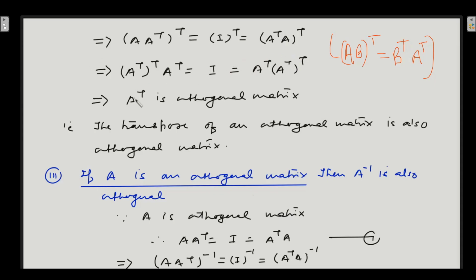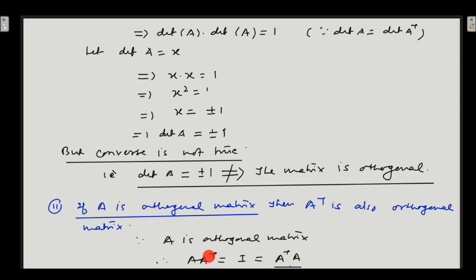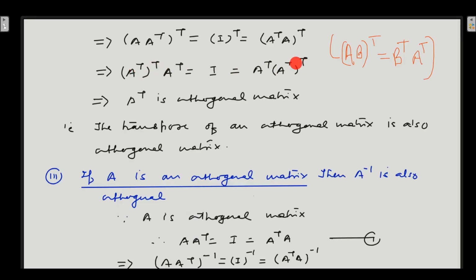Now compare this expression with the definition of orthogonal matrices. After you compare it, you will realize that A transpose is an orthogonal matrix. If in the definition of orthogonal matrices you replace A with A transpose, you will get this particular expression. So this expression implies that A transpose is an orthogonal matrix by the definition.